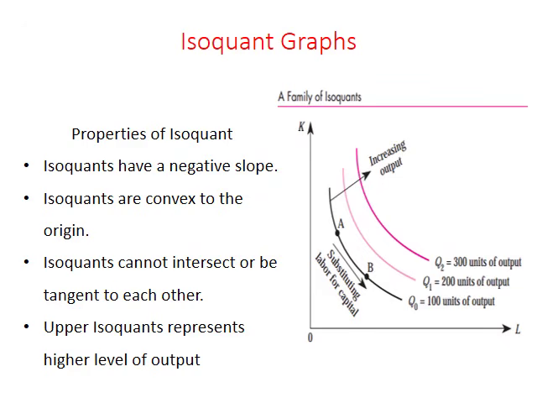Let us see some more details about isoquant curves. There are some properties for isoquant curves. The first one is that isoquants have a negative slope. That means in order to get more of one input, we should give up some of the other input, we should replace the other input. The isoquant curves are convex to the origin. As you see, they are convex to the origin.